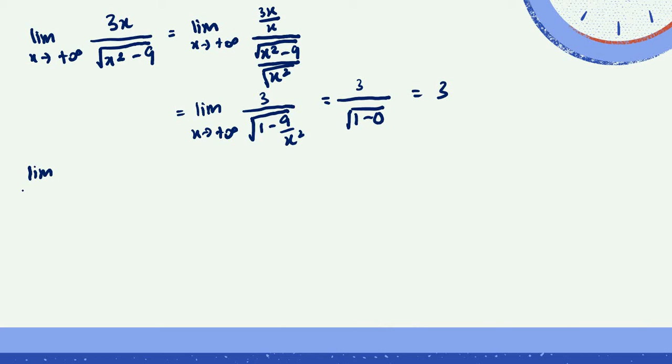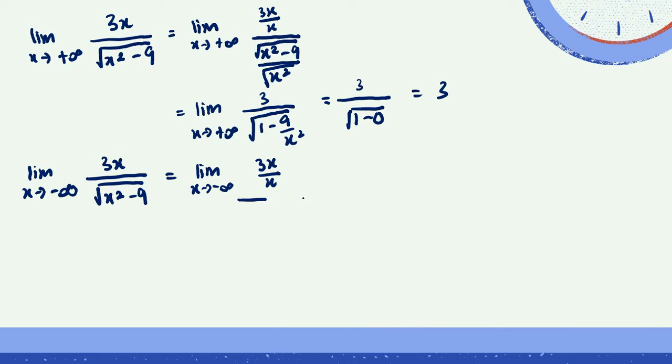The second one, we check the limit as x approaches negative infinity for the same function, 3x over the square root of x squared minus 9. The only difference is when we divide. For the numerator, we still divide 3x by x. For the denominator, you have to be careful: when the limit approaches negative infinity, we divide by negative the square root of x squared instead.